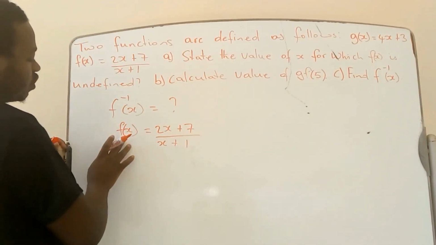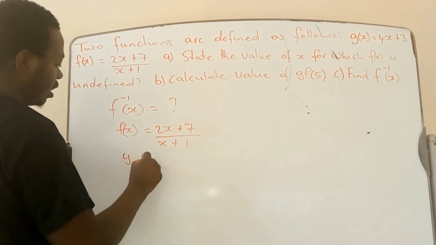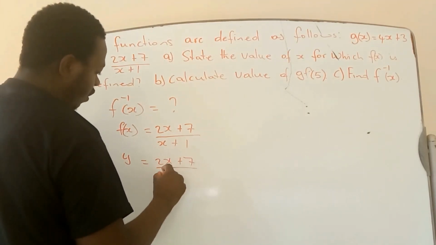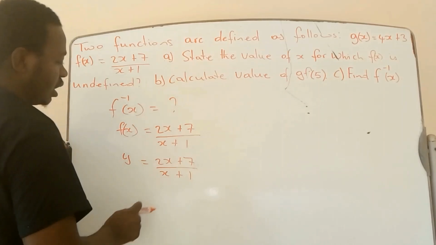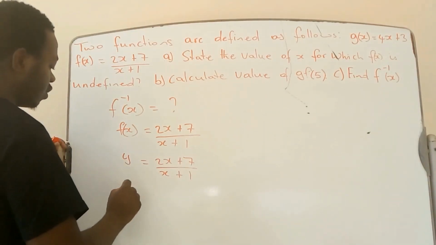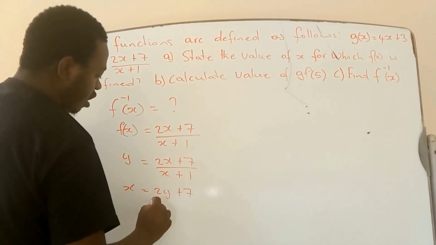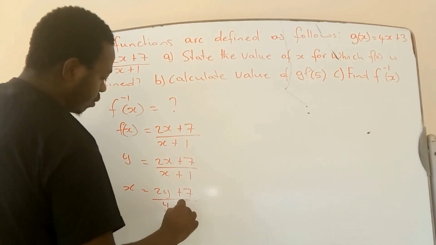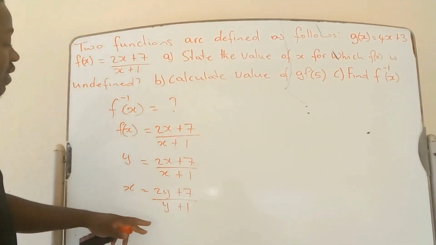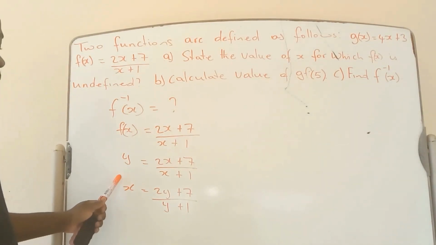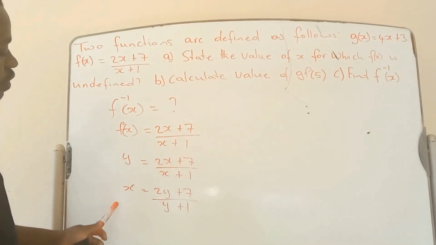Where you see f of x, replace that with y. So y is equal to 2x plus 7 all over x plus 1. Interchange x and y. So x is equal to 2y plus 7 all over y plus 1. At this stage, you are going to transpose for y.